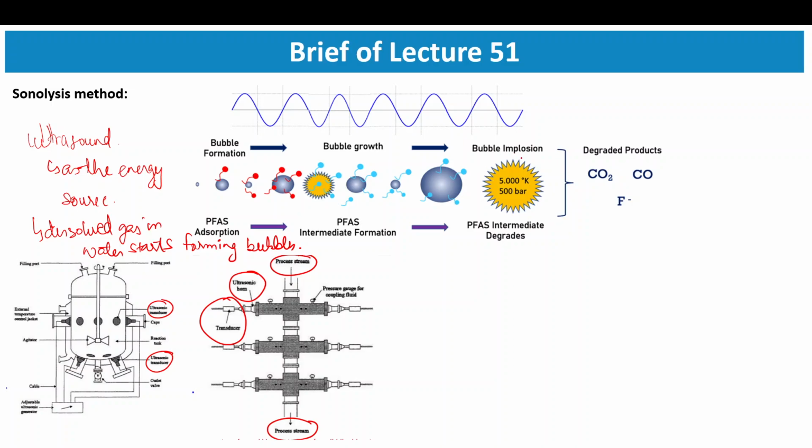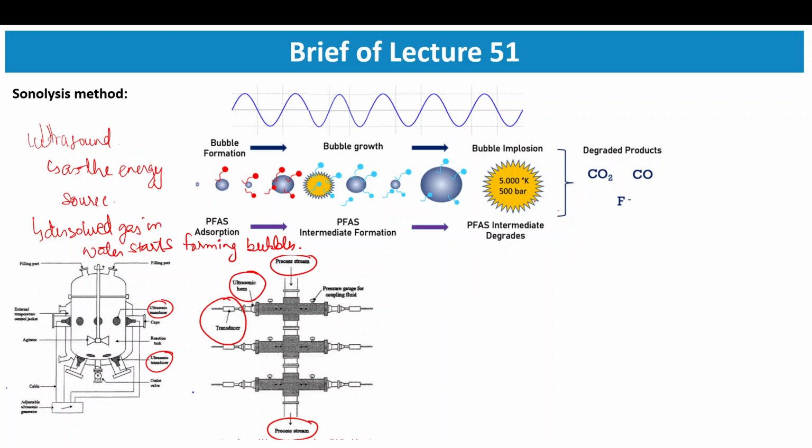The bubble has a core and hot spot, which has very high temperature and pressure, responsible for the generation of the radicals and high energy, which allows the degradation of the organic compounds, right?